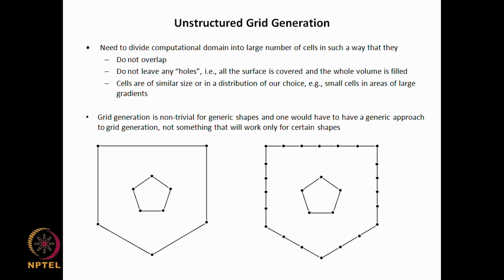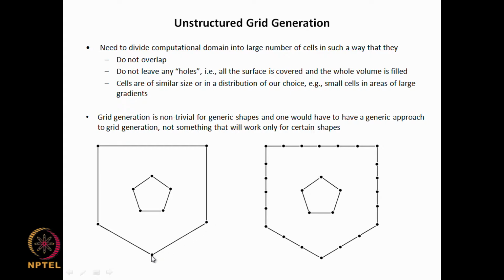If you already are expecting certain features of the flow and these need to be resolved, then if there is a certain region in which you are expecting, say, a large velocity change, maybe 50% velocity change, that means that at this point the velocity is here and at this point the velocity is here.